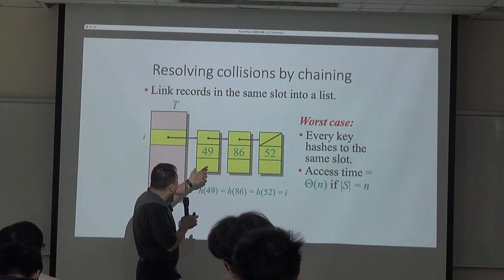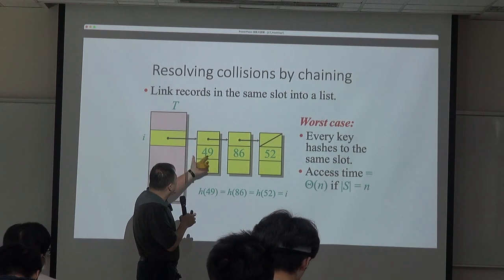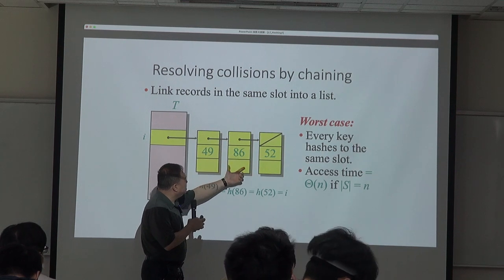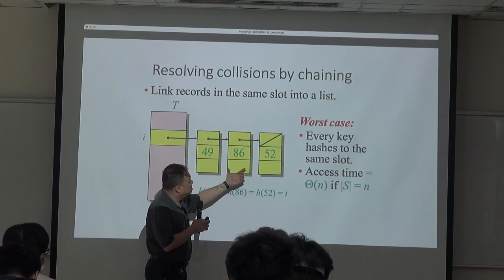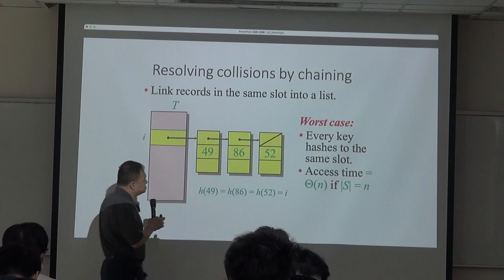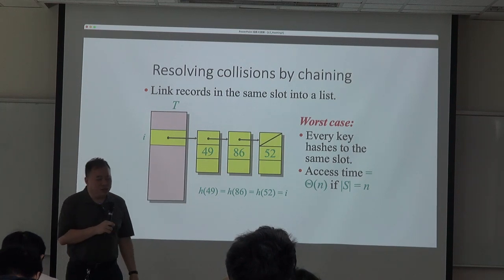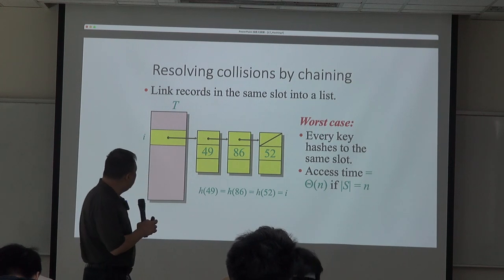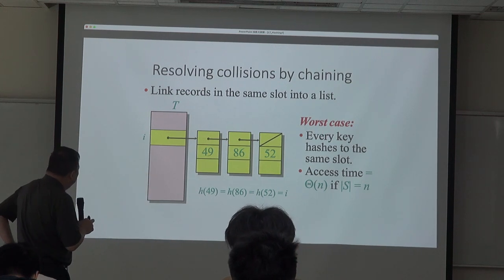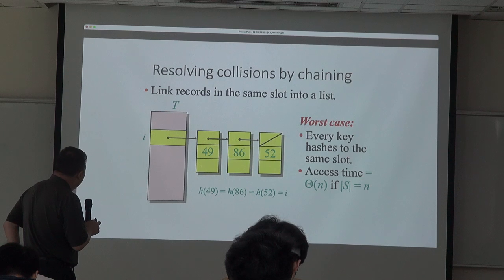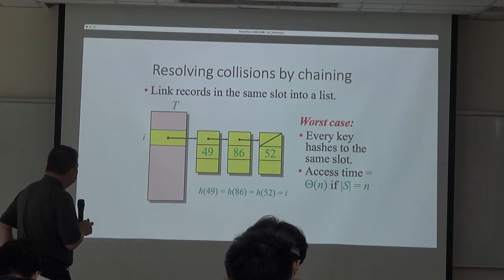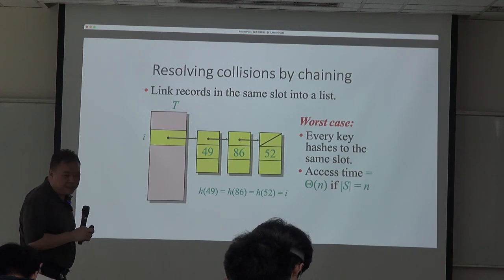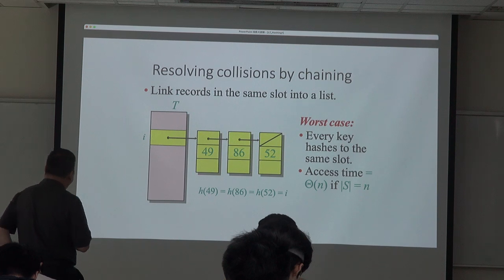So you can see this linked list appears in this order. If we do that, then we somehow resolve the collision. We call such an approach chaining.